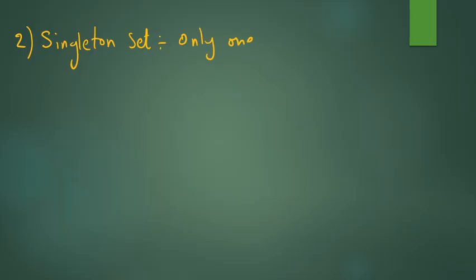Now, the second type of set is the singleton set. Single means 1. That means if only one element is there in a set, that is called a singleton set.